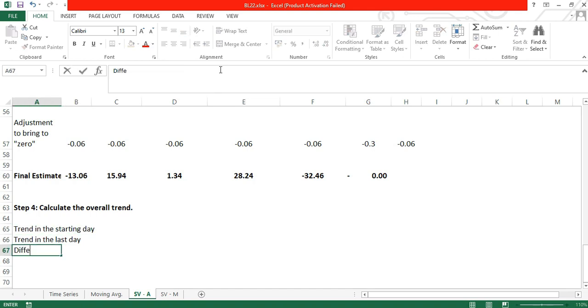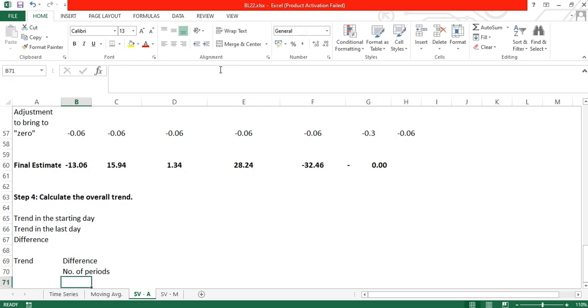Then take the difference, then divide the difference by the number of periods.